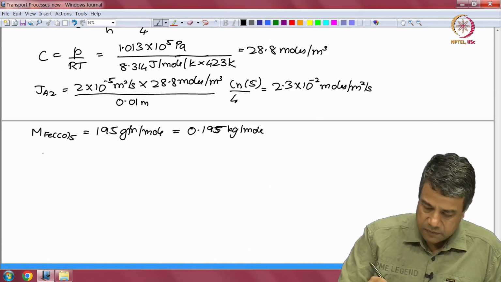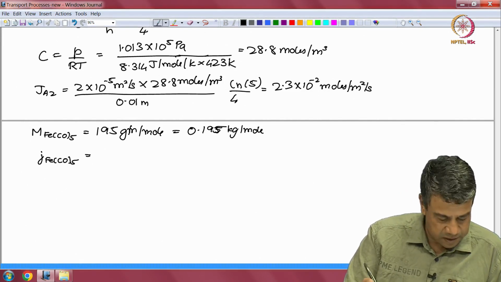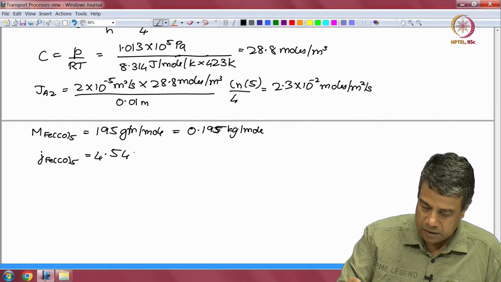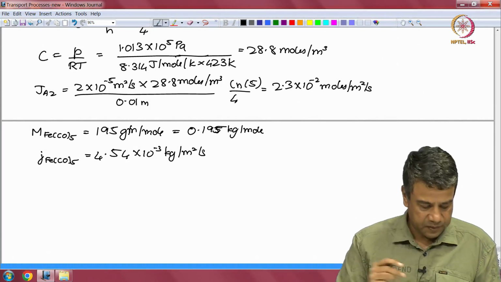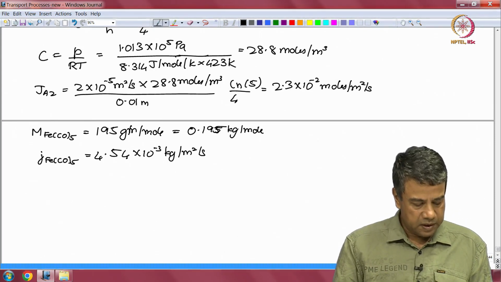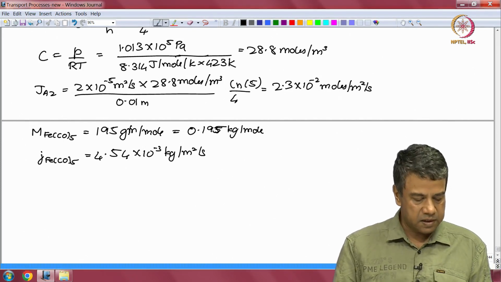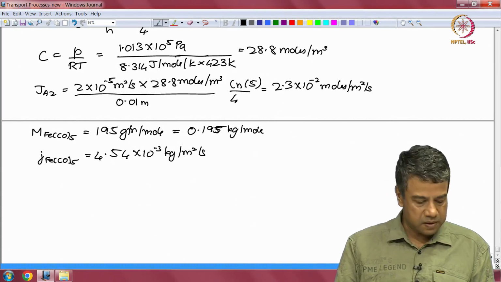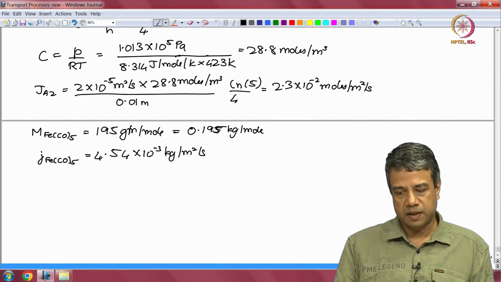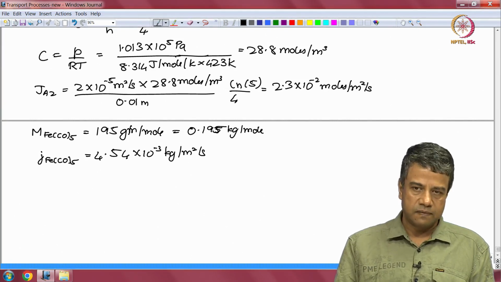Therefore, the mass flux of FeCO5 is equal to 4.54 into 10 power minus 3 kg per meter square per second. And you can multiply this by the cross sectional area to get the mass production rate in kg per second. The cross sectional area is 100 centimeters square, which is 0.01 meters square. So, you multiply this by 0.01 and you get 4.54 into 10 power minus 5 kg per second. So, that is how we calculate the flux in this case.